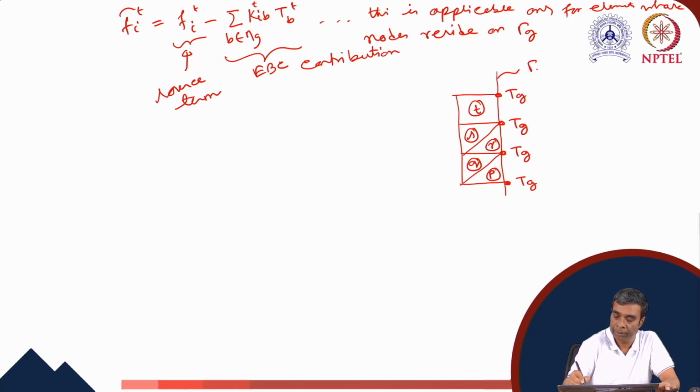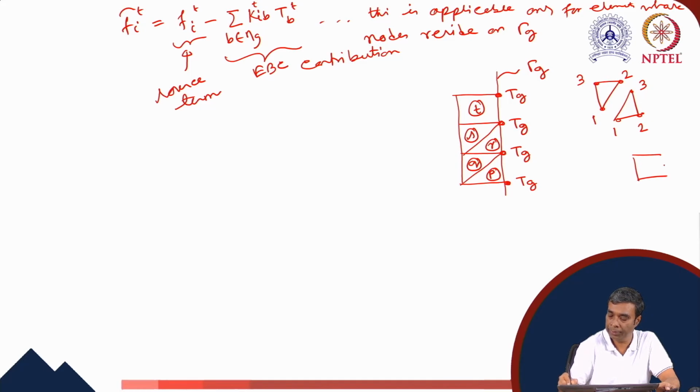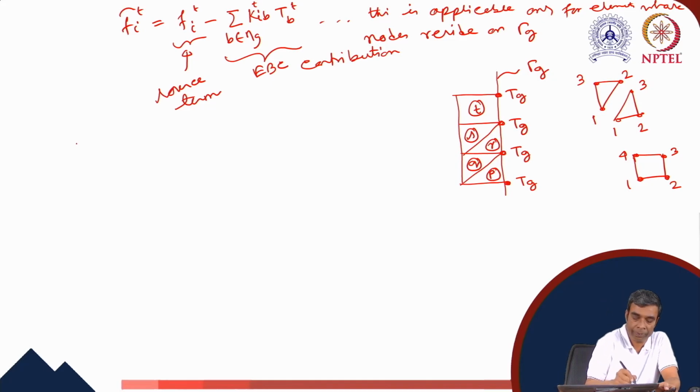This is gamma G, and we have shown the element local node numbering 1, 2, 3, 1, 2, 3, and for the quadrilateral we already showed it: 1, 2, 3 and 4. Now we can use this formula developed for the implementation of EBC for individual elements.